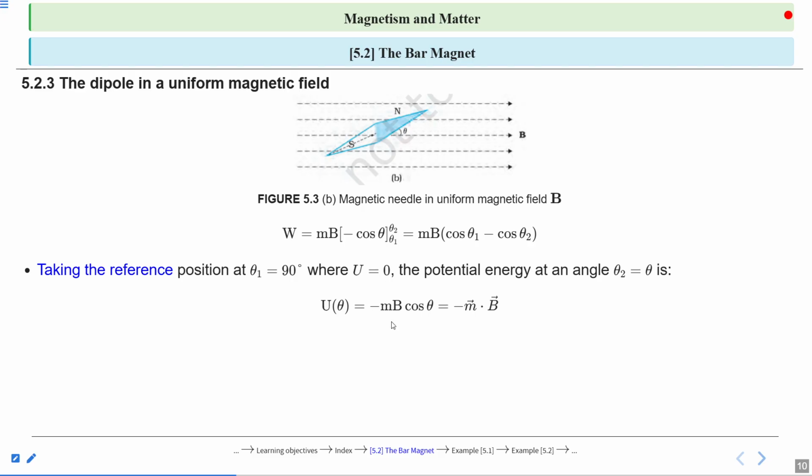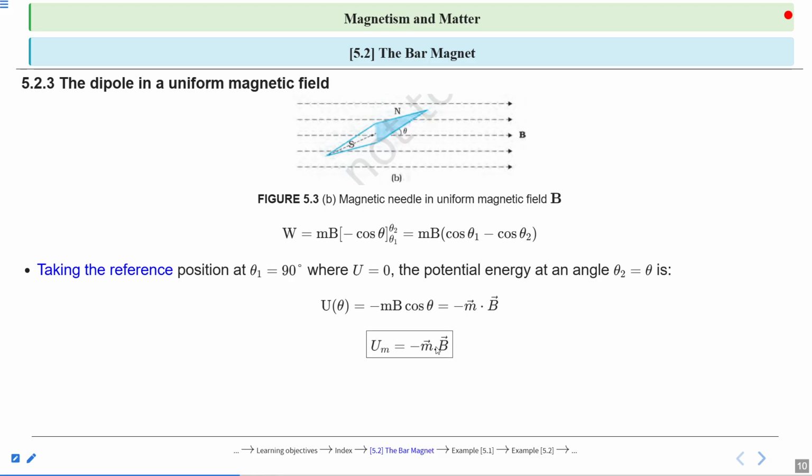This mB cos theta is the result of the dot product of two vectors, so it will result in minus m dot B. It is similar to the potential energy of an electric dipole, which was minus p dot E. Here it is minus m dot B. So this is the potential energy to rotate a magnetic needle through angle theta.